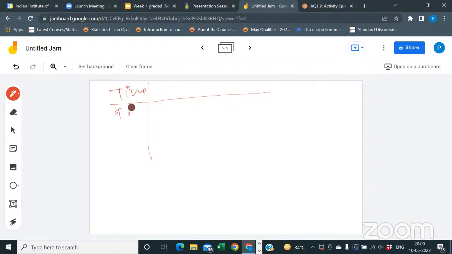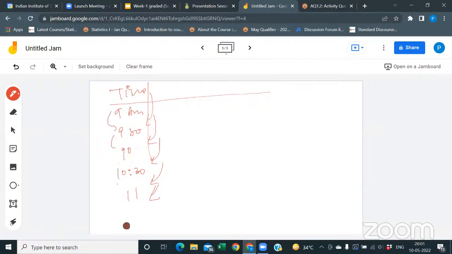See, there is 9 a.m., 9:30 a.m., 10 a.m., 10:30 a.m., 11 a.m. So what is the variable? A variable is some characteristic which varies from time to time. So it varies: 9, 9:30, 10, 10:30, and so on. That's why time is a variable. This column name is a variable, but this row, this 9, is the case.